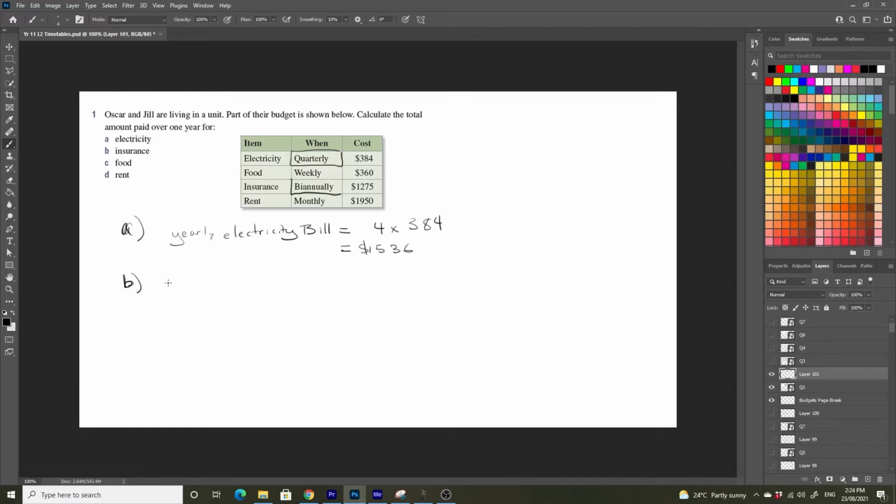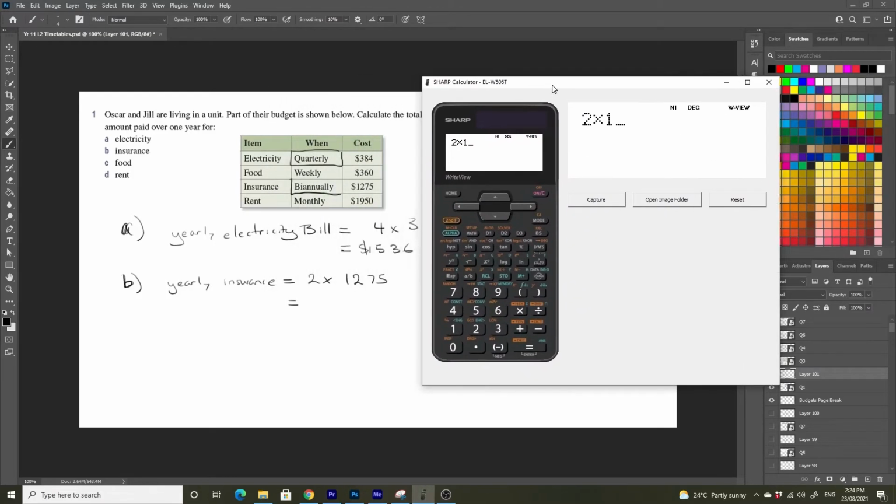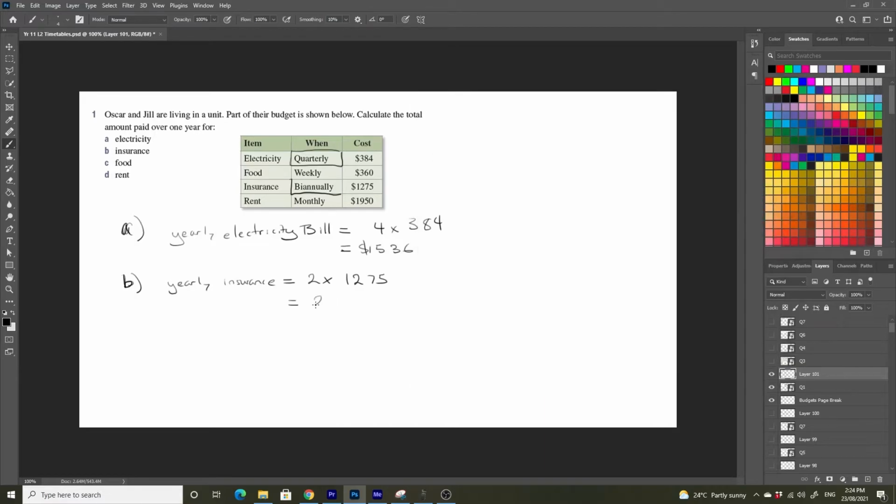And that would be, so, yearly insurance is going to be equal to 2 times $1,275. 2 times $1,275 is $2,550.